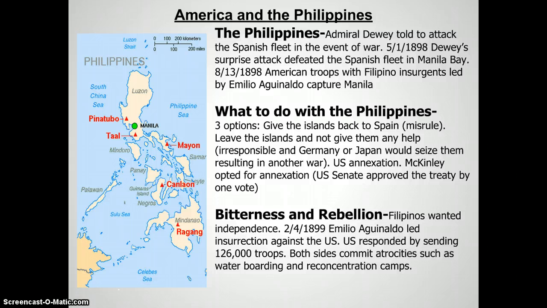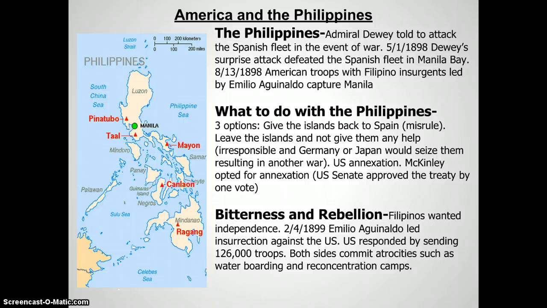So the third option is most appealing. That is annexing the territory just like we did with Hawaii. So McKinley will annex the Philippines, and it will be held by the United States along with all its resources for the next 50 plus years. The Filipinos are not okay with this. They had been under the impression that the United States was coming in to assist them in claiming their independence.